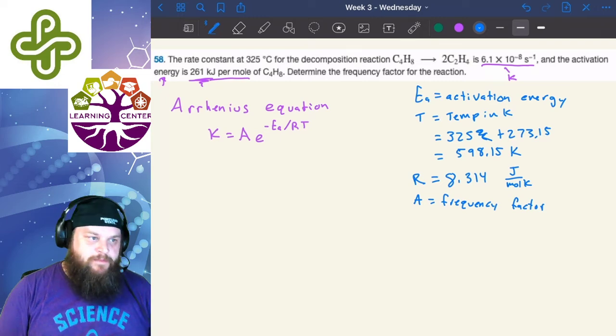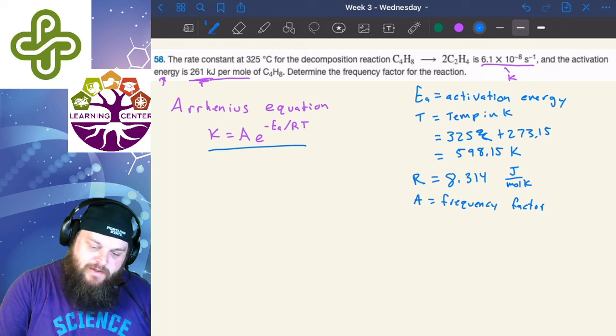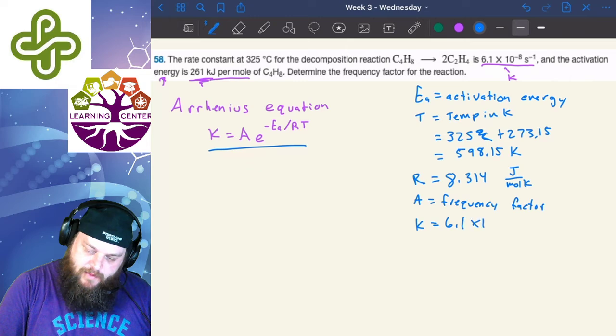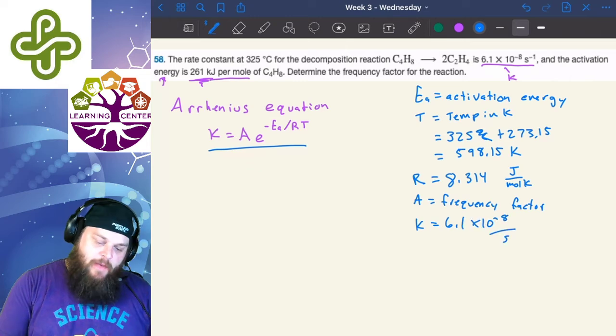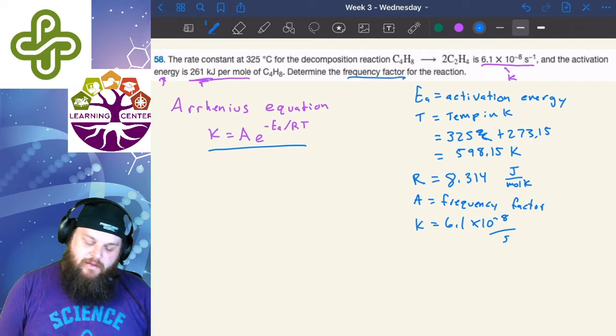But we can now take this reaction here, that equation that we have, and again we have k, I'll rewrite it here, as 6.1 times 10 to the negative 8 per second. And we can solve for what they're asking for. We want to determine what that frequency factor is.